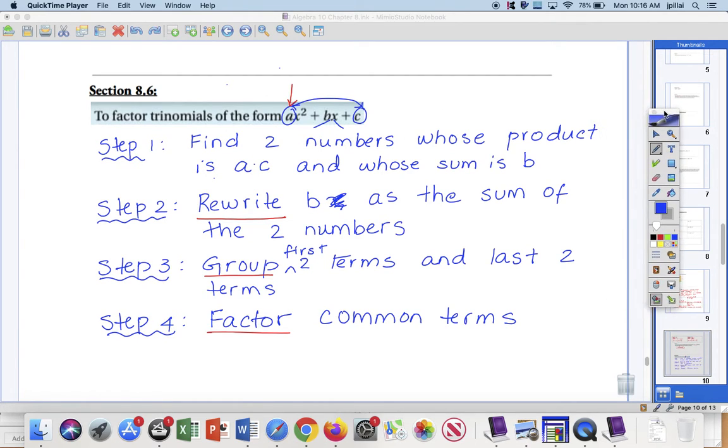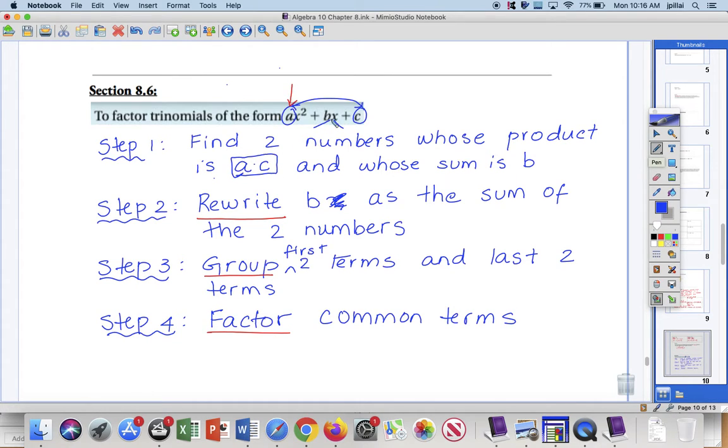I am going over section 8.6 where we stopped, and this concept is to factor trinomials of the form ax squared plus bx plus c, which means you're going to have a number for a. So when we went over it, we spoke about finding two numbers whose product is a times c and whose sum is going to be b.